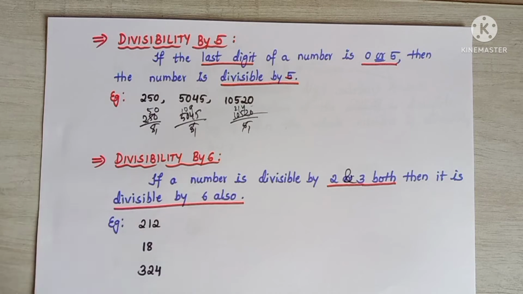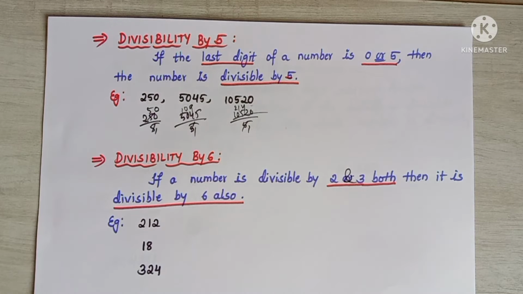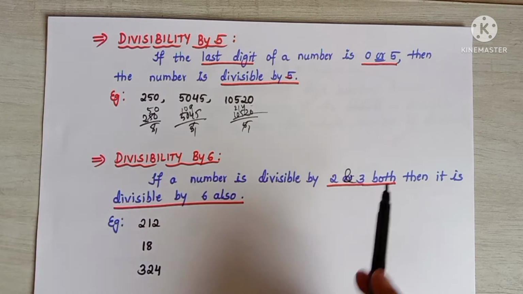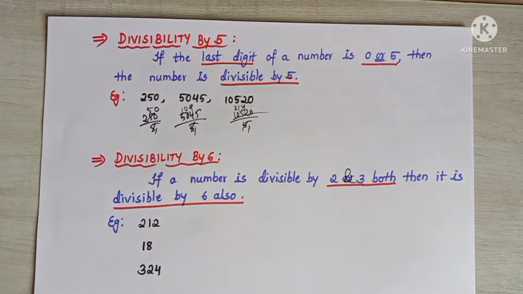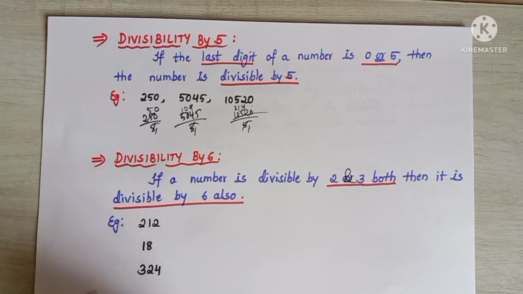212. Whether it is divisible by 2? Because in the ones place we have 2, it means that it is divisible by 2. Let us see about 3. What we have to do? We have to sum the digits. We have 2 plus 1, this is 3. 3 plus 2 is what? It is 5.